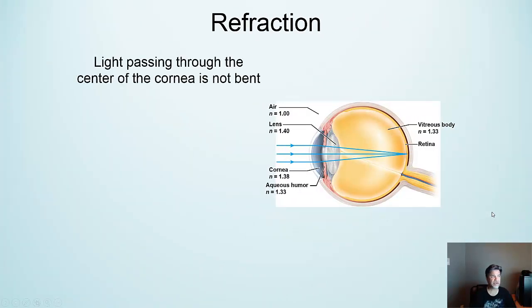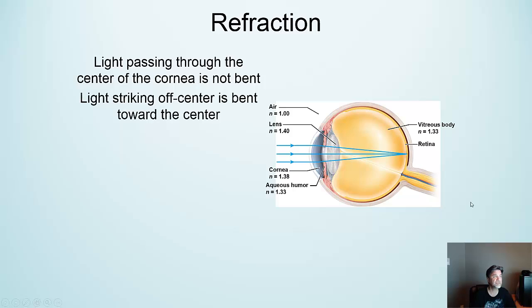Okay, so a little bit about refraction. Again, I don't want to get into too many gory details here, but light that doesn't pass through the center of the cornea has to have its direction changed so that we can form a picture here, and that little dip is the fovea in the retina. It's not quite that pronounced, but it's there for emphasis, and so that we can form a very sharp image.